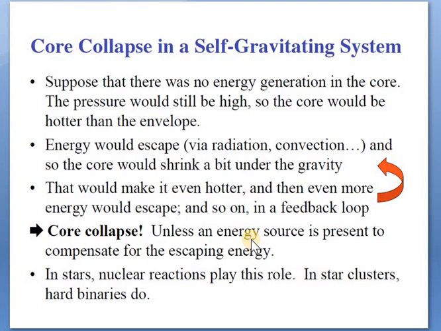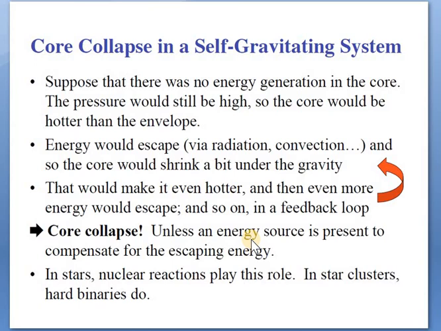And again we have the entire weight of the outward shell as well. However, this would make it even hotter, and then more energy will start escaping, and so we will have a sort of feedback loop, right?